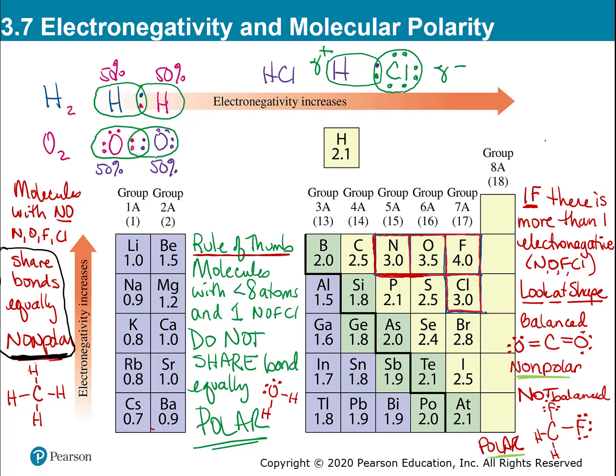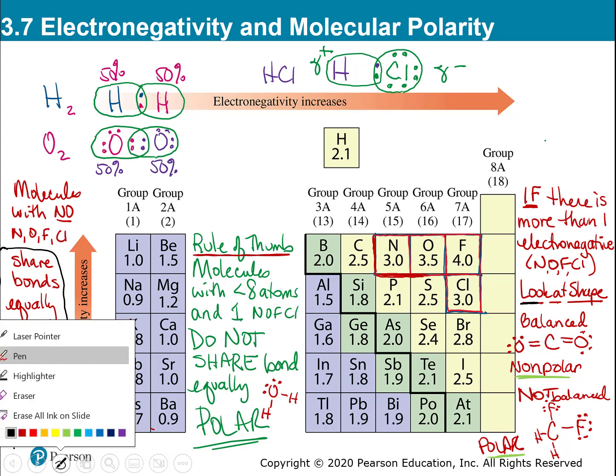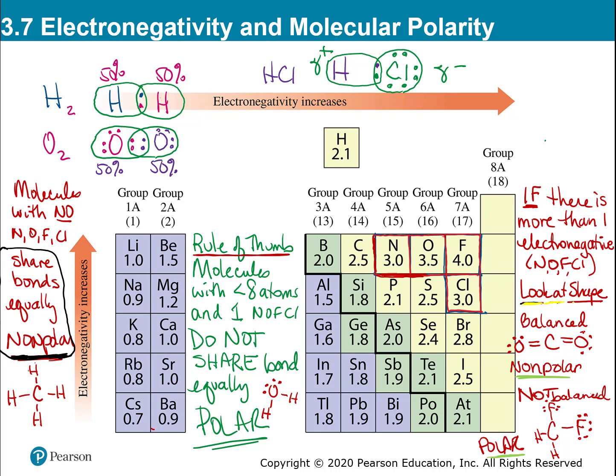If there is more than one nitrogen, oxygen, fluorine, or chlorine, then you have to look at where they are. Like I said for O2, because there are 2 of them, they both have the same attraction, so they end up sharing the electrons equally. If there's more than one, you want to look at the shape. That's the big reason we talked about shape in the last section. Look at the shape of CO2, my example down here on the right.